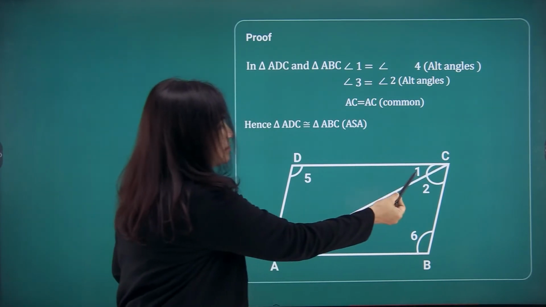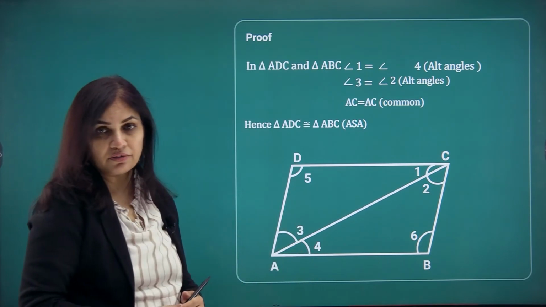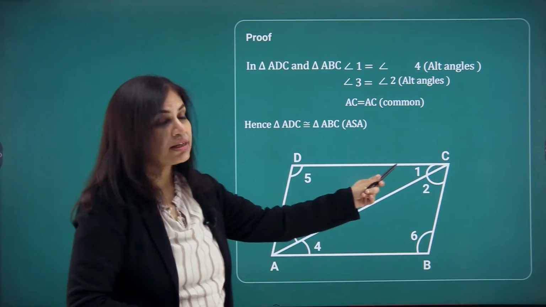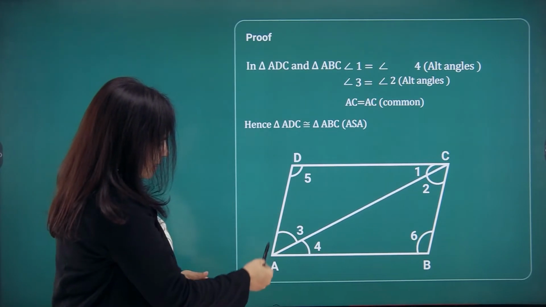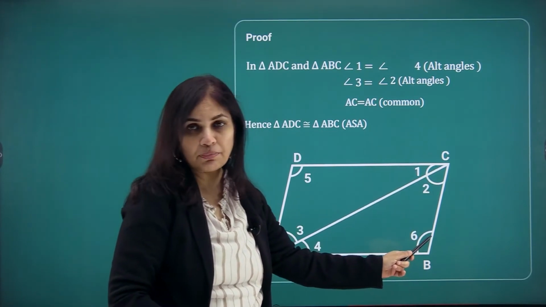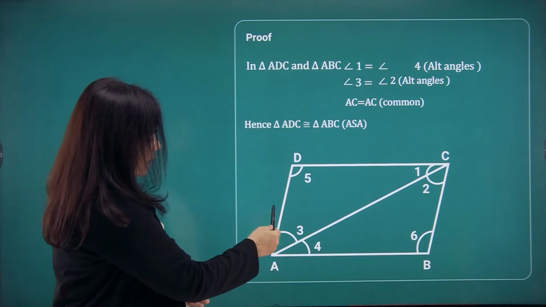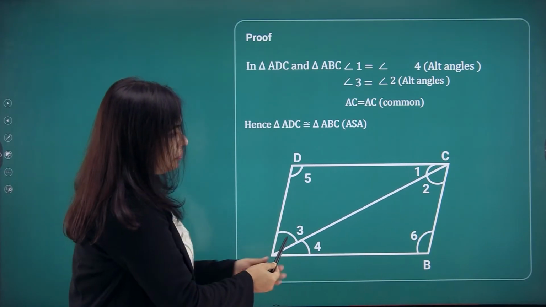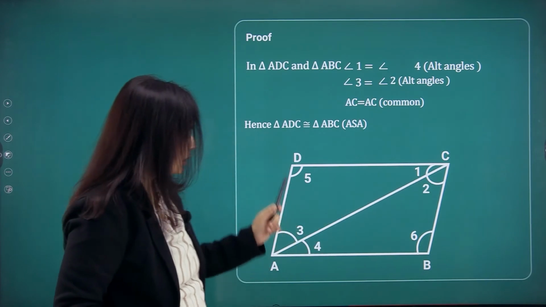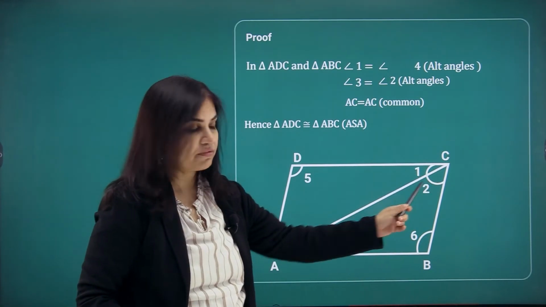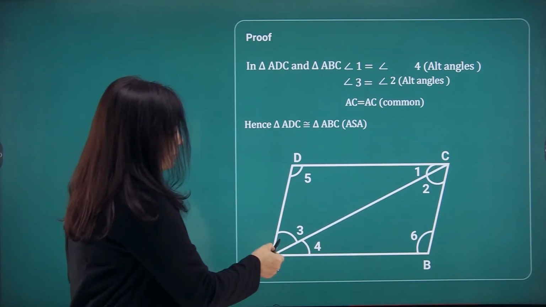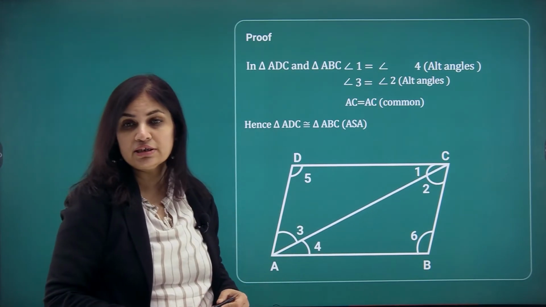If CA is the transversal, angle 1 will be equal to angle 4 because they form a pair of alternate angles. Similarly, if I take AD and BC to be the parallel sides, then angle 3 will be equal to angle 2, as these two lines are parallel and AC is again the transversal, so 3 and 2 are a pair of alternate angles.